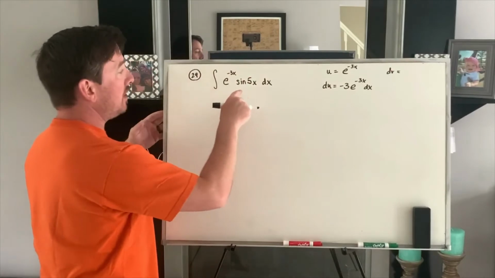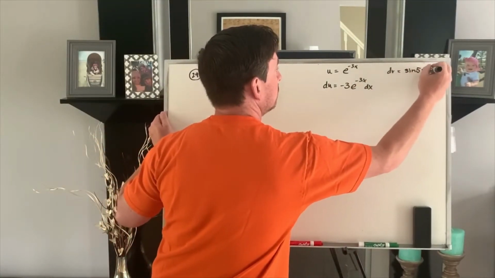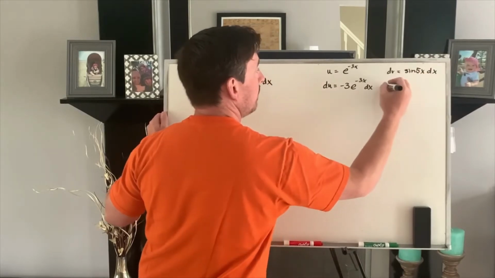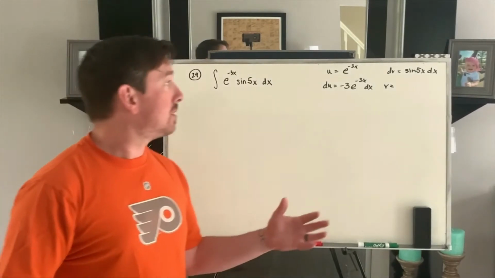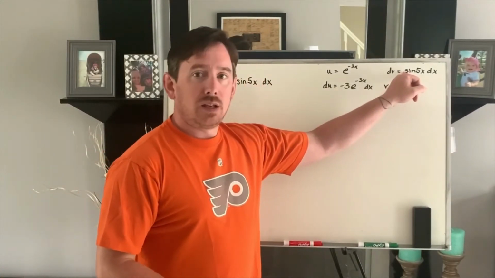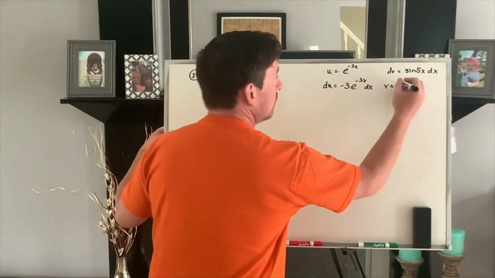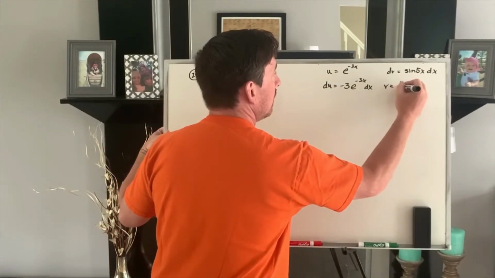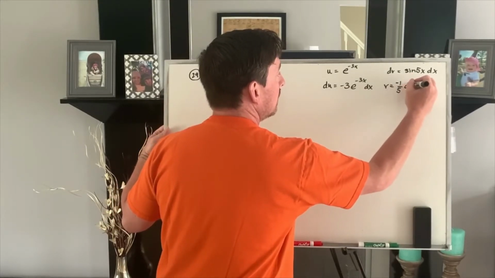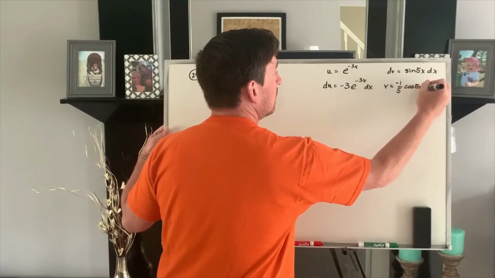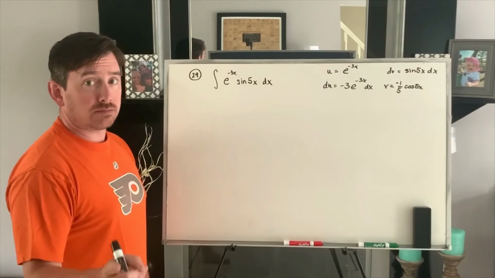All right, so the dv must be my sine part. And if I integrate that, technically it involves a little u substitution. There needs to be a 5 there, and then a 1/5 outside of the integral. So I know that's just going to integrate to, sorry, negative 1/5 cosine 5x. Make sense?